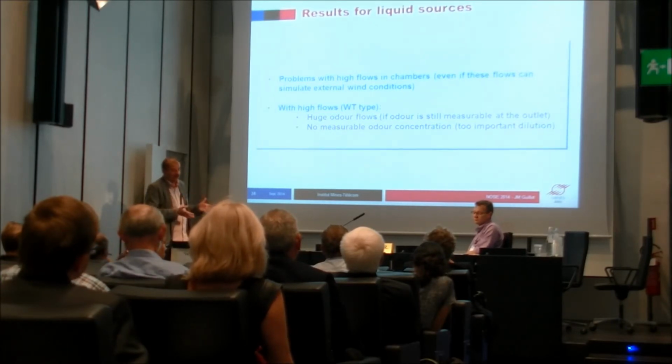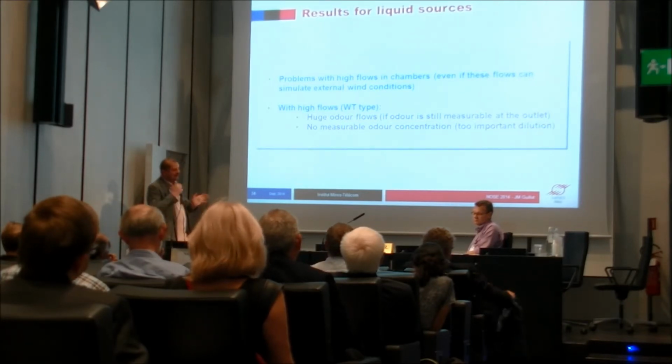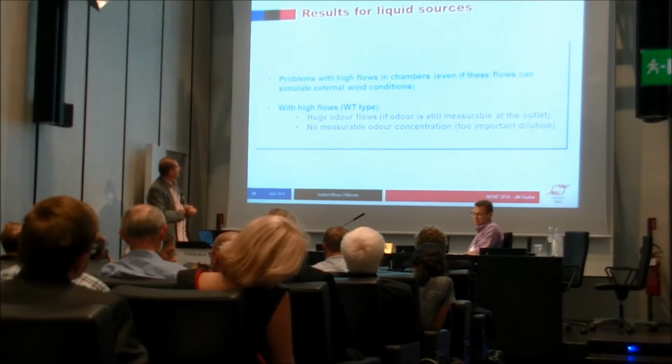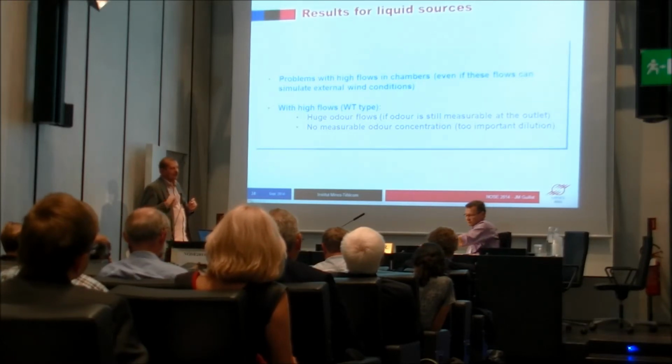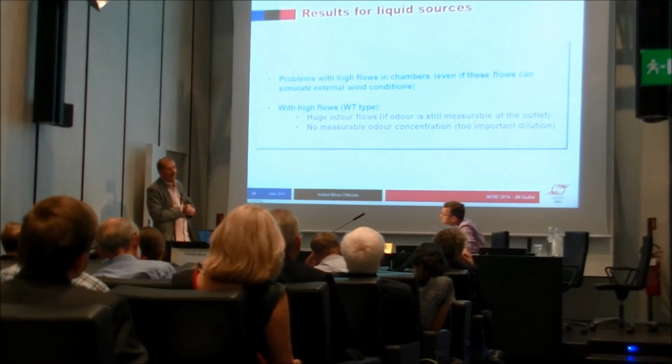Of course, we push as we can, maybe 1 meter per second, 1.5, but probably no more, depending on the design of the chamber. So we really have to find some limits and a way to estimate if the chamber is acceptable or not for the standard.